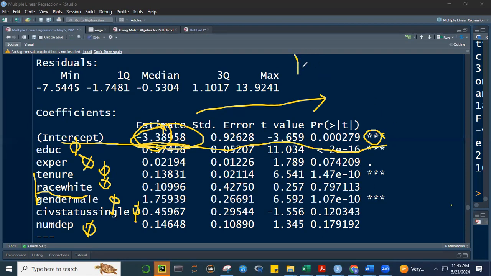So our model here will be hourly wage. Let me just recite that because I don't have my digital pen with me. Hourly wage is equal to negative 3.4 plus 0.57 times education, plus 1.14 times tenure, plus 1.76 times gender, plus a certain error term, epsilon sub i, at the end.